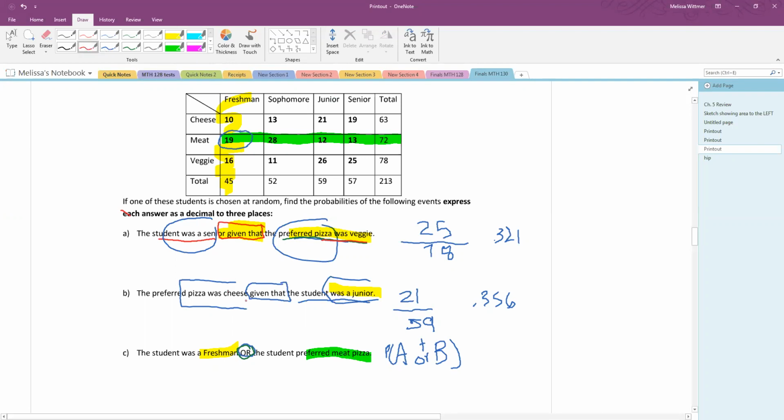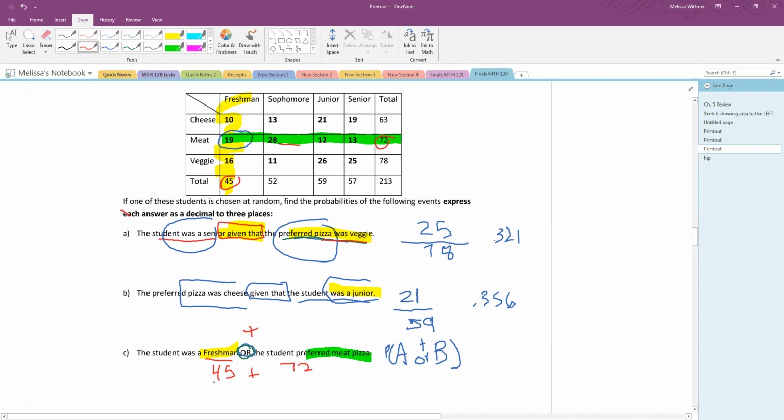So I'm going to add, because it says "or." First I do total freshmen, so I total up the whole column, 45 freshmen, plus the student preferred meat pizza, so total up the meat pizza row, 72.